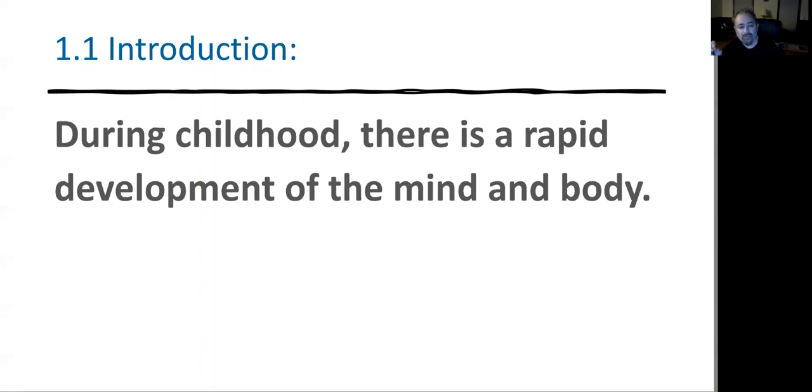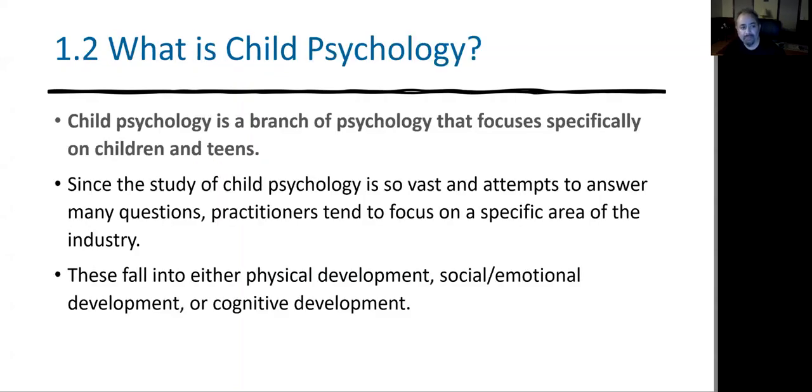The role of a child psychologist and how they work with other medical professionals to improve the lives of children and their families. So that's basically, in a nutshell, the introduction to child psychology during the childhood time.